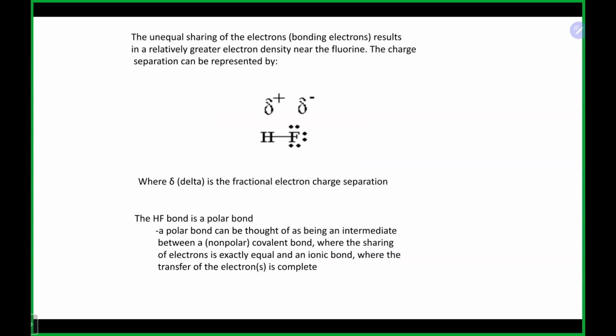So you could think of the three types of bonding that we talked about to this point as extremes. On the one extreme, you have an ionic bond, and that is always between a metal and a nonmetal. We're always going to get a transfer of electrons from the metal to the nonmetal.